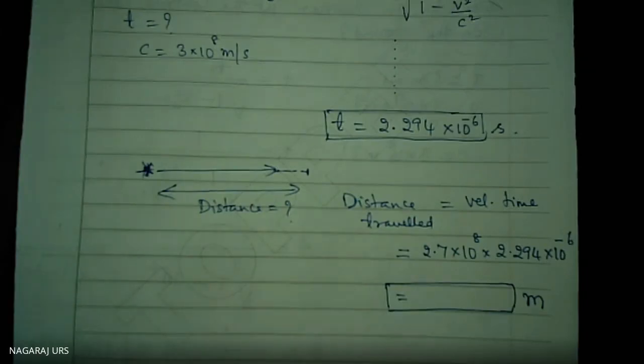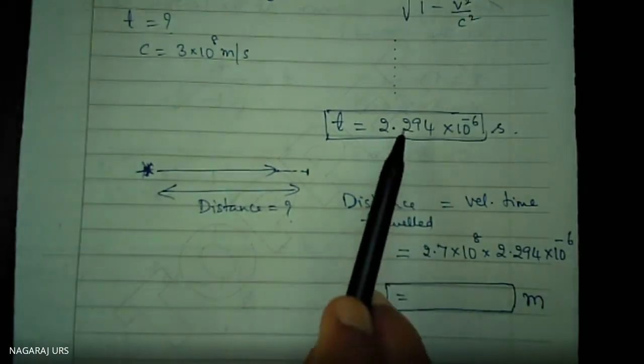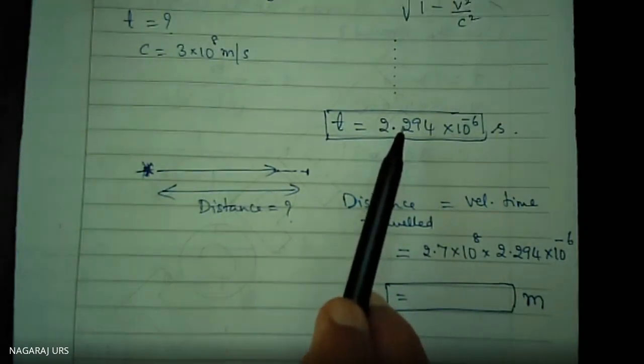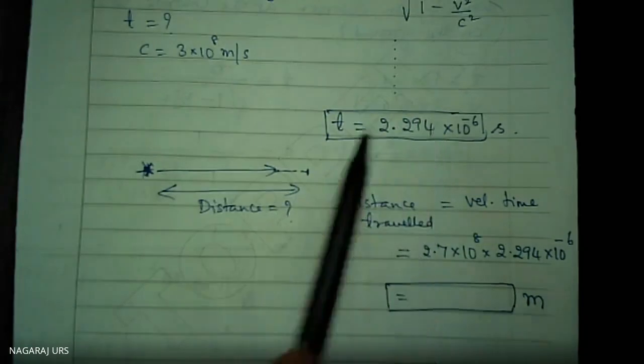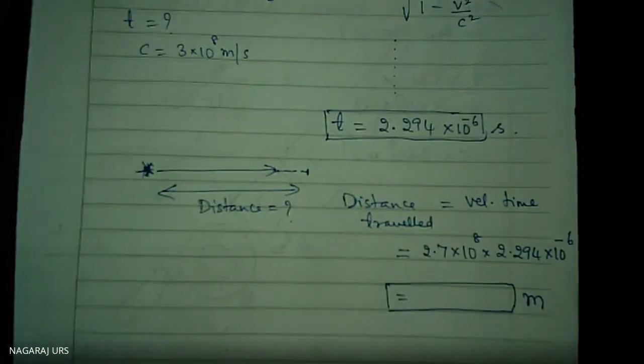How much? Have you got this answer, or shall I solve that also? If you didn't get the answer, I will show how to solve that one. Only thing is you are supposed to ask. Some of you have already shown the answer.